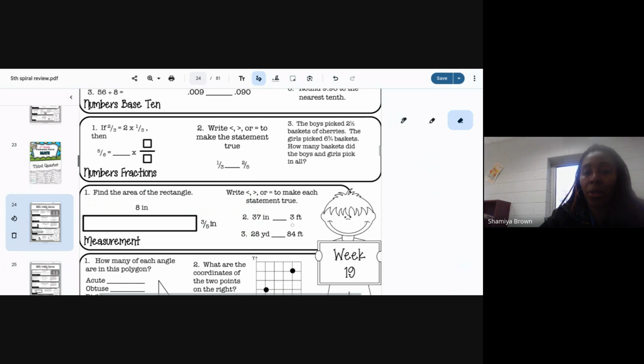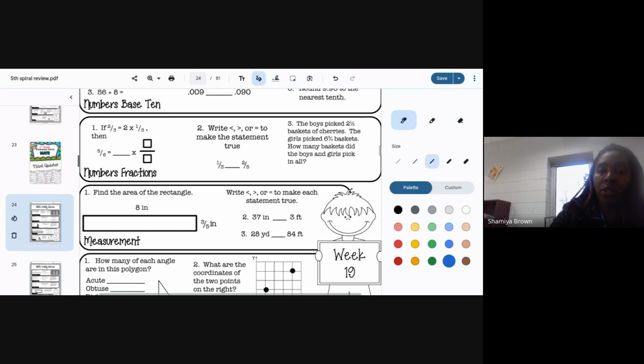So 3 feet would be 36 inches. So 37 inches would be bigger than 3 feet. Because if I turn this one over here into inches, that would be 36. So now you can see better. So that's why this one is bigger.